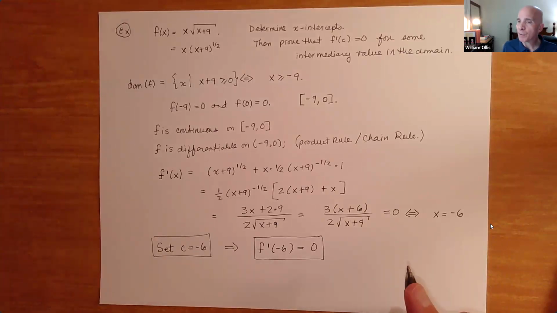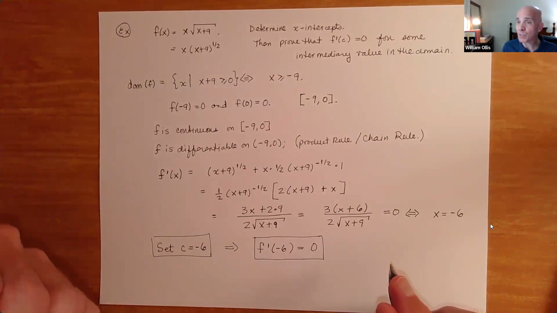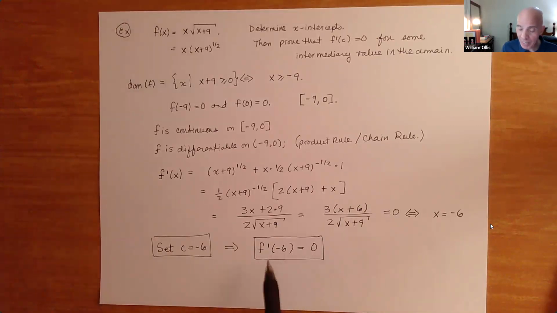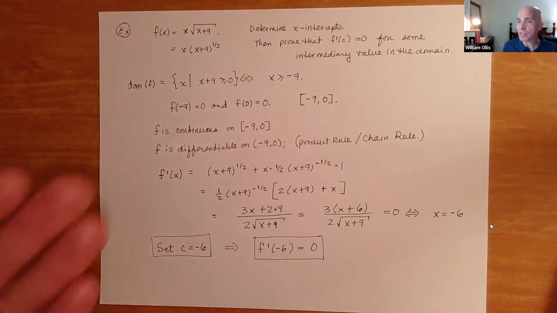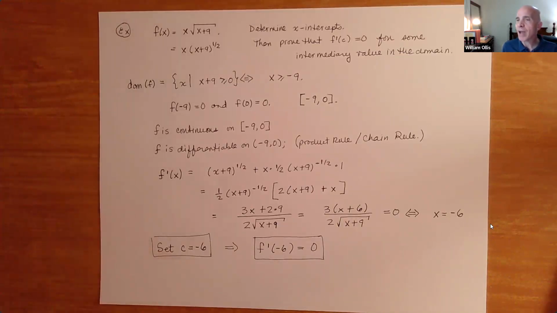So remember, these are existence theorems. Again, they guarantee the existence of these particular objects. Whether or not we can explicitly solve for them is not the case here. We have the existence of them, and so we can use that fact to further our reasoning in the particular problem that we're doing.